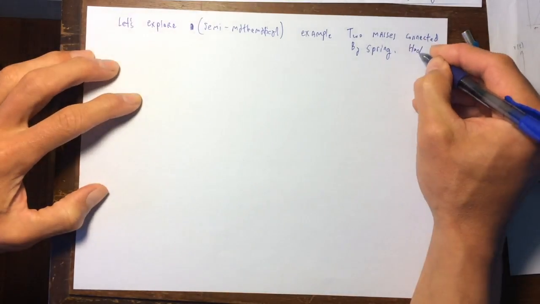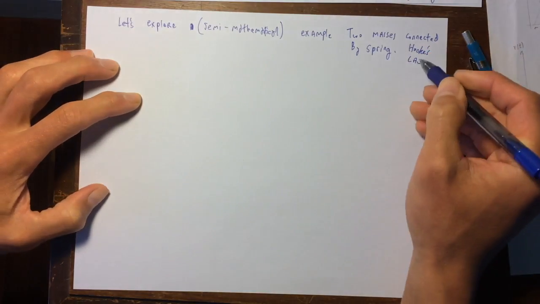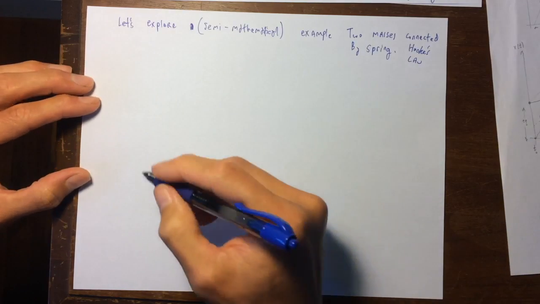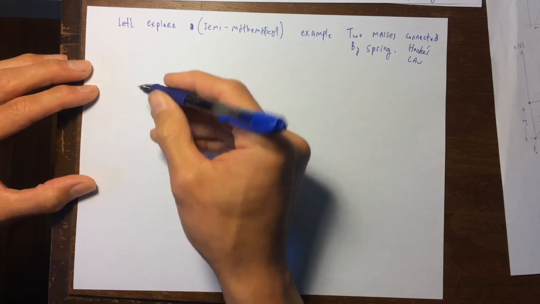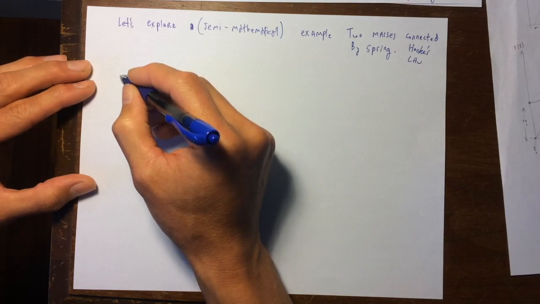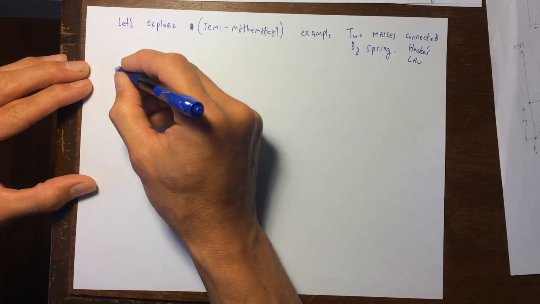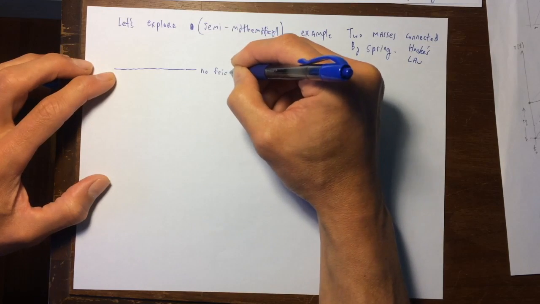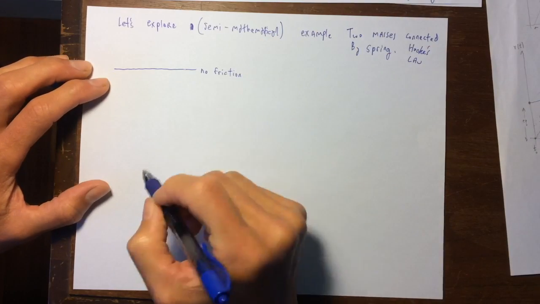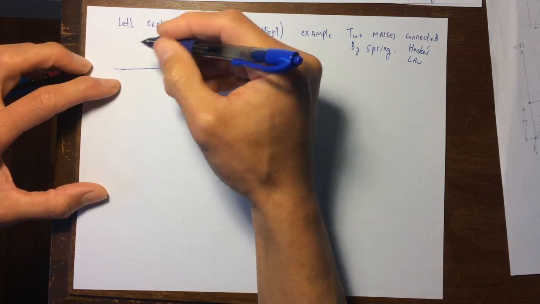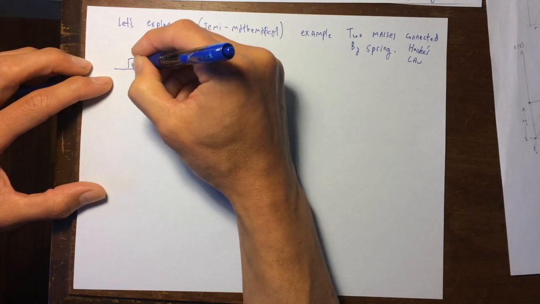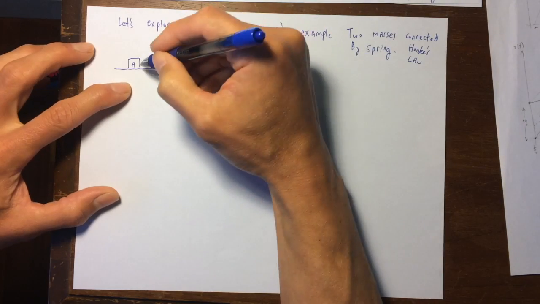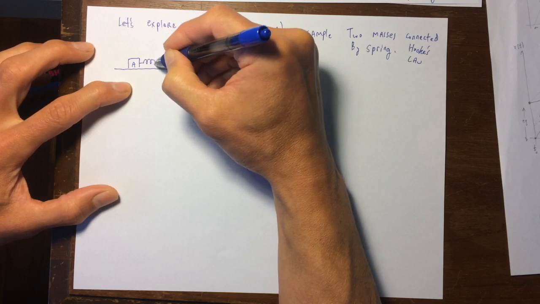We're going to use a Hooke's law spring. So, you know, we have a particular kind of spring model in mind. So this is going to be interesting. So here is a floor with no friction, right? And on top of this floor is an object A and an object B, and they are connected by a spring.